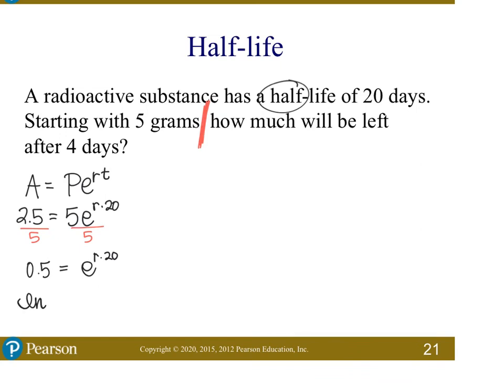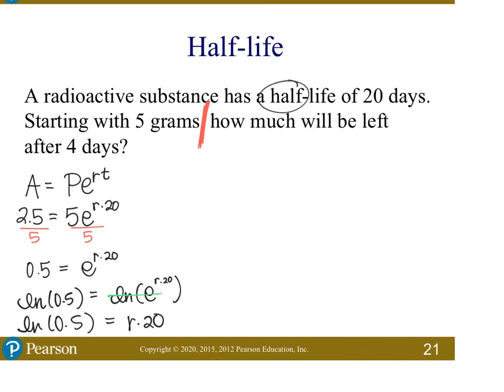So I'll use a natural log around the 0.5, and I'll use a natural log around the e to the r times 20. And what that does is it cancels out the natural log of e. Remember ln e is 1. And so we're left with the natural log of 0.5, and then when the natural log of e cancels itself out, we're left with r times 20.